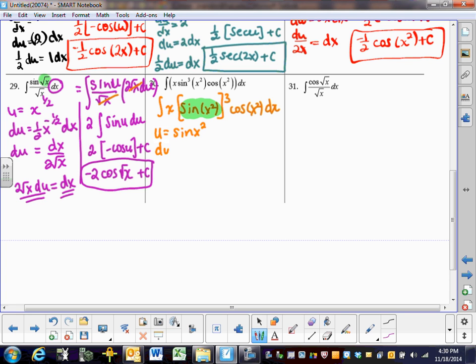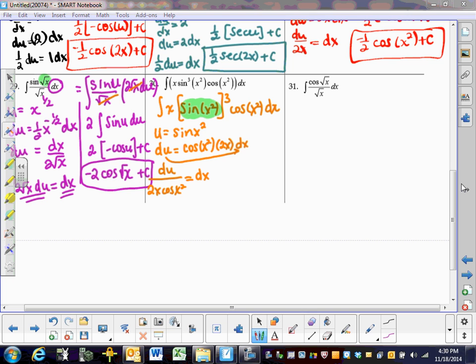My du requires the chain rule. Derivative of the outside is cosine times the derivative of the inside, which is 2x. And I'm really multiplying that dx over. So that means that du over 2x cosine x squared is equal to dx.